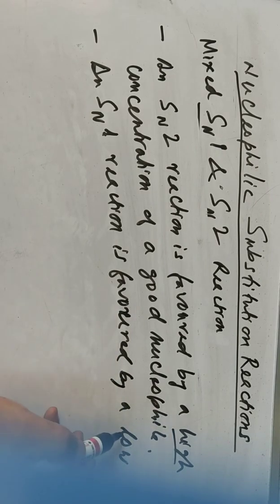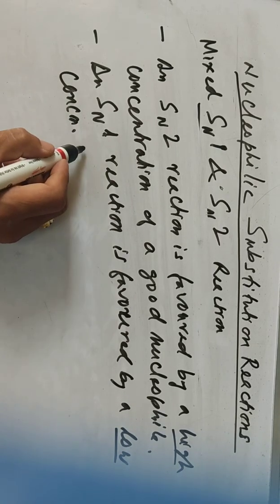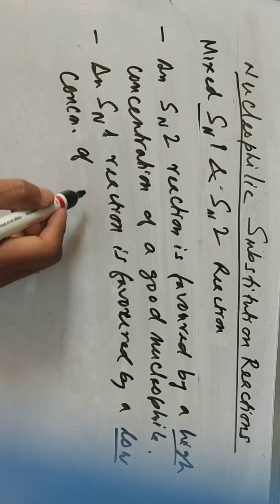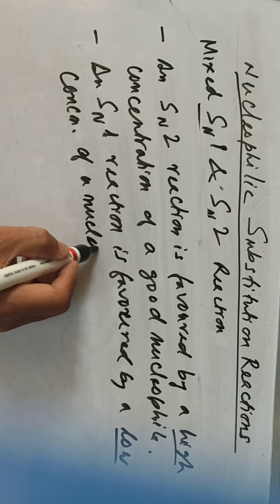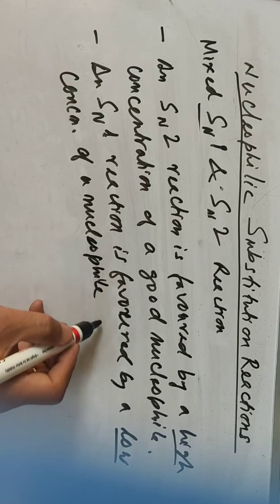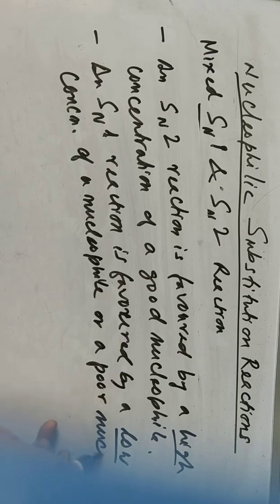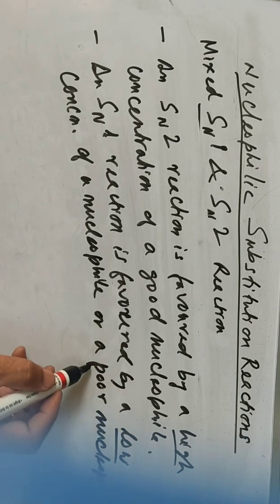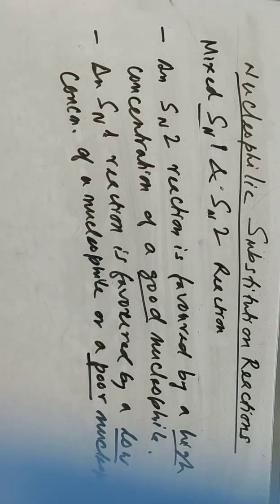So here is high, here is low concentration of a nucleophile. SN1 reactions are favored by poor nucleophiles, whereas SN2 reactions are favored by good nucleophiles.